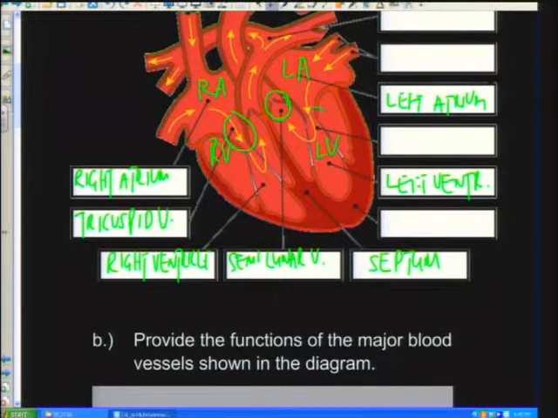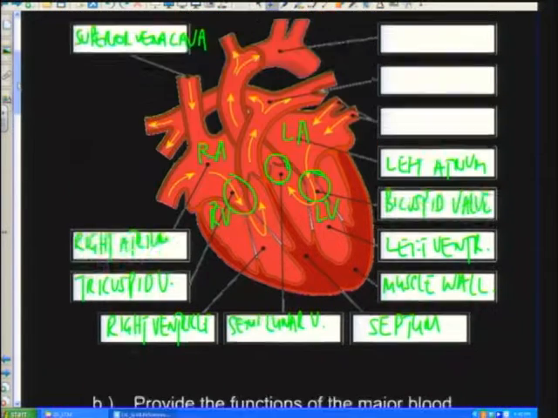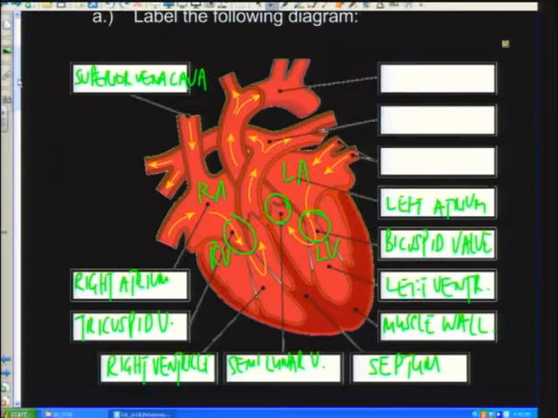And then we're moving further. This one is pointing to these valves here, left and left. Bicuspid. Remember, another word for bicuspid is mitral. This here would be the muscle wall. Going up, these are blood vessels that are entering the left atrium.